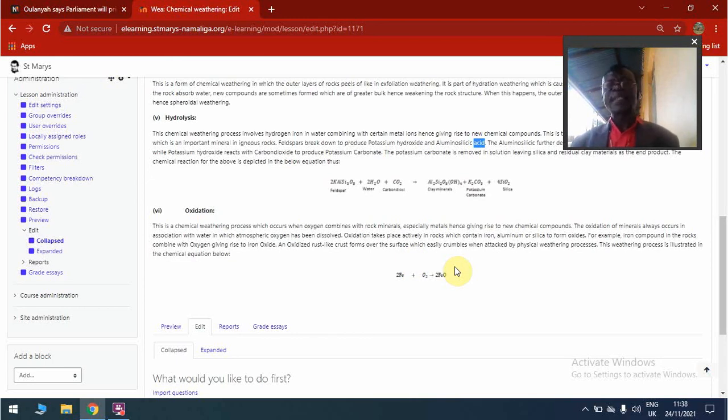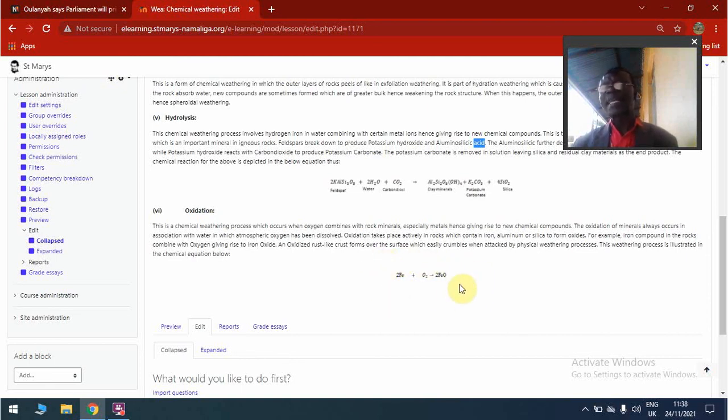May I illustrate this process of oxidation with the process of rusting? For those who studied the topic of rusting in chemistry in senior 1, you will realize that when oxygen is added to iron, especially in the presence of water, then rusting takes place.